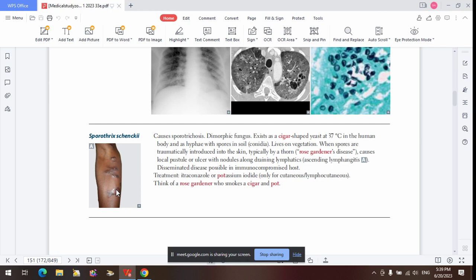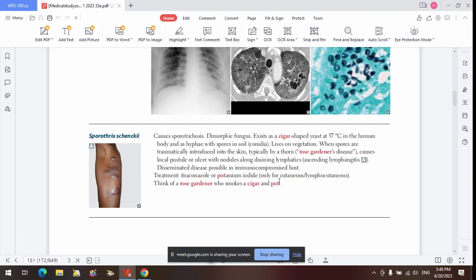In some individuals it can disseminate. People that are immunosuppressed can have a disseminated form of Sporothrix. It commonly goes to the brain, the joints, and the spinal cord and causes problems there. How do you want to treat this? You give potassium iodide and itraconazole, especially for the cutaneous and lymphocutaneous forms.